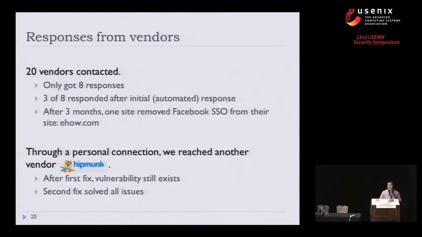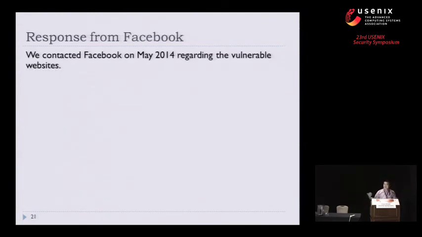They verified the signature of the signed request, but they still pulled user information from the access token. Therefore, the fix was not correct. So we contacted them again, and the second fix solved all the issues. Still, it is rather disappointing to have to contact the vendors directly.